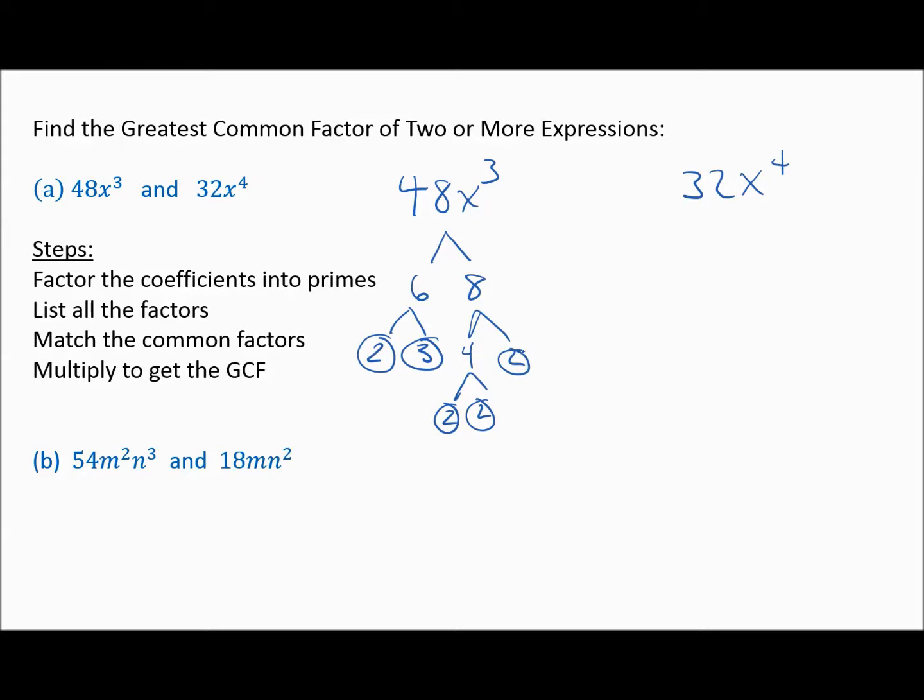So that means 48 can be written as, notice there's 1, 2, 3, 4 twos, so it'd be 2 to the fourth times 3, and then the x to the third. Okay, so that's 48x to the third in prime factors.